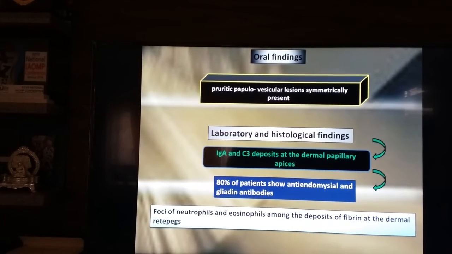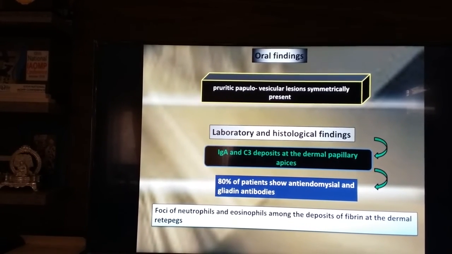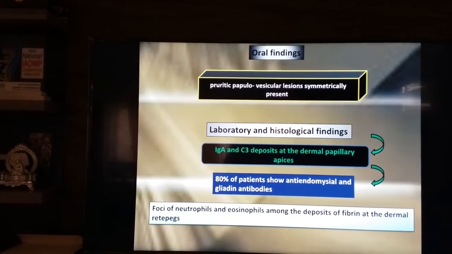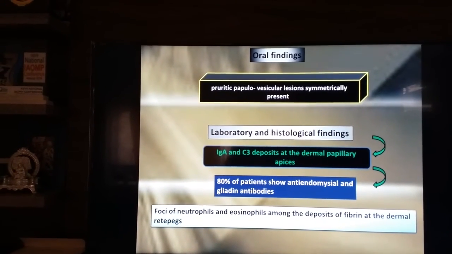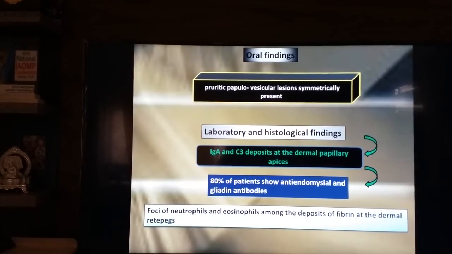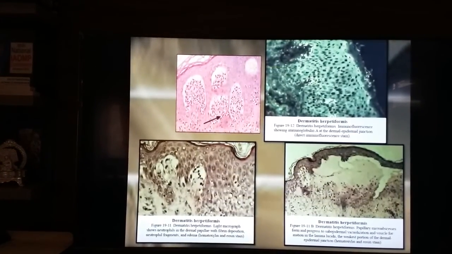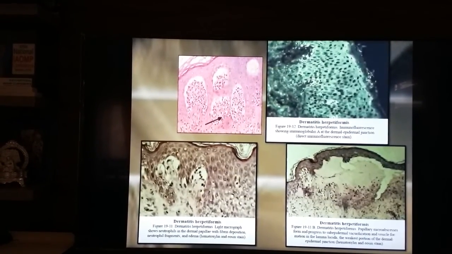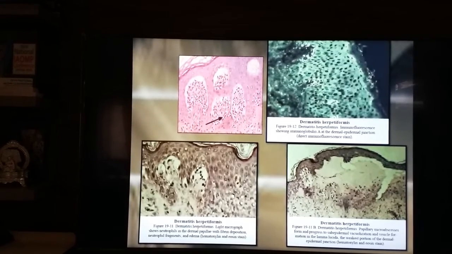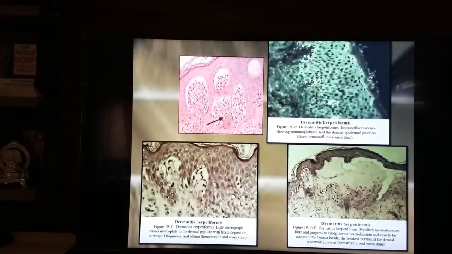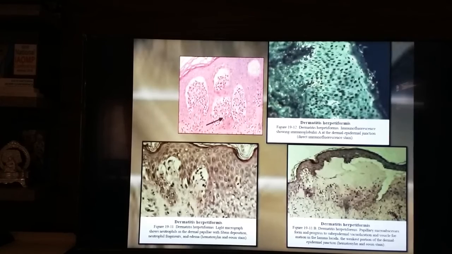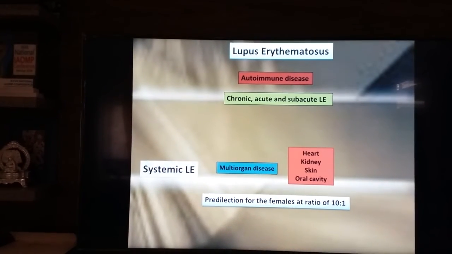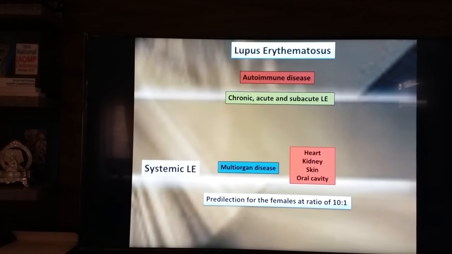Foci of neutrophils and eosinophils among the deposits of fibrin at the dermal apex could be manifested. Here is a situation of dermatitis herpetiformis, which could be manifested using different staining techniques. As a matter of fact, we'll find these lesions are more characterized by the IgG antibody.